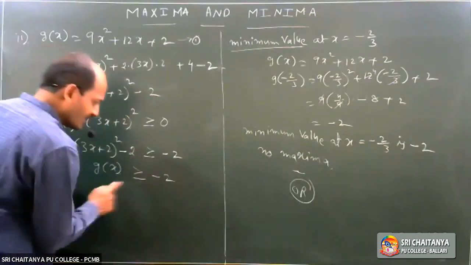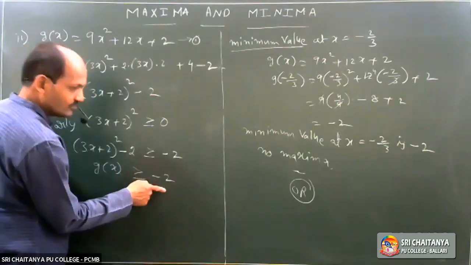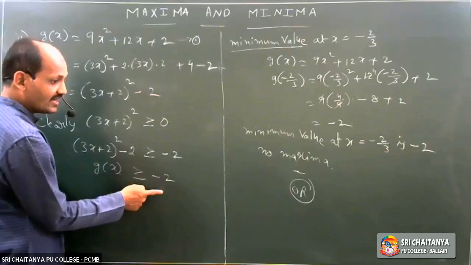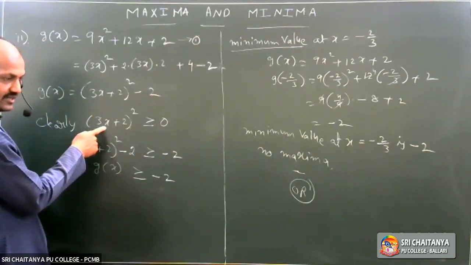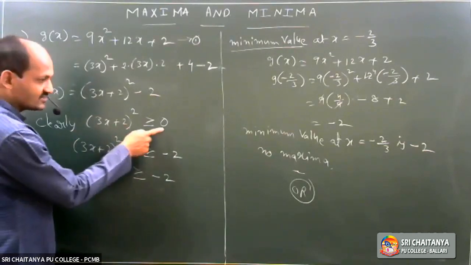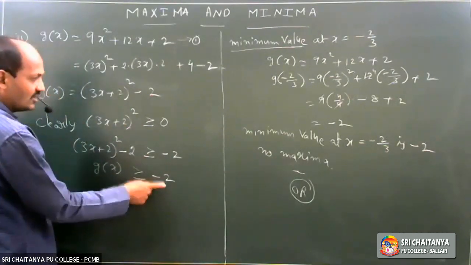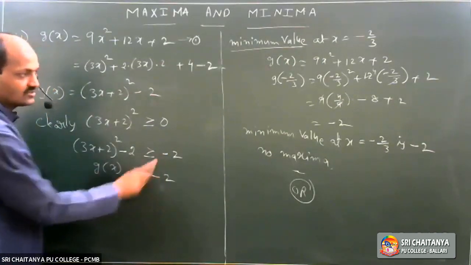So it is greater than or equal to minus 2, that means it is the least value. So the minimum value is minus 2 at x equal to minus 2 by 3, where the square term is 0. So it has a minimum value at x equal to minus 2 by 3, which is minus 2.